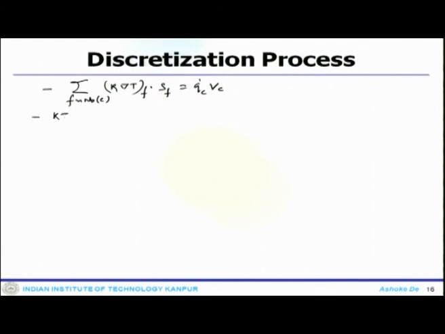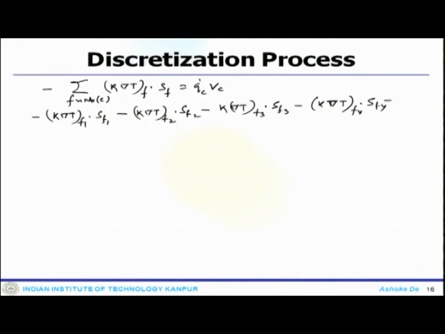If I write that, k del T of face 1 dot Sf1 minus k del T F2 dot Sf2 minus k del T F3 dot Sf3 minus k del T F4 dot Sf4 equals q dot C Vc. So now you see my steady state heat conduction equation boils down to this mathematical expression.